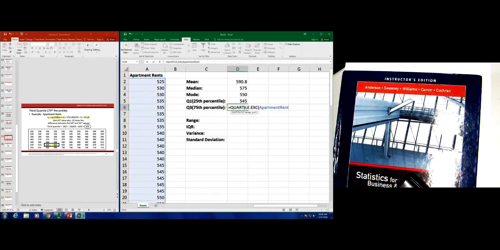The function tells you to select the array, then comma, then select which quartile, which now is the third quartile, which is 625. And the range is the maximum, the largest value, minus the smallest value.